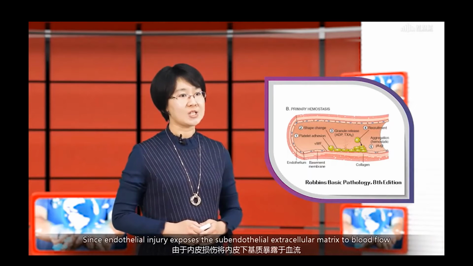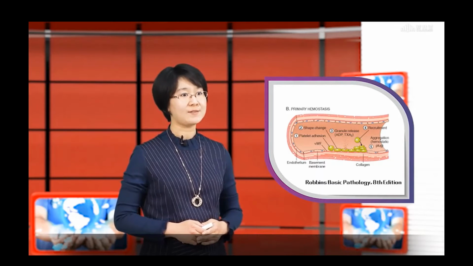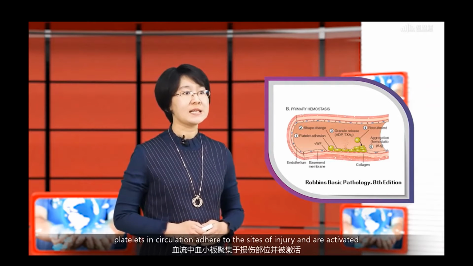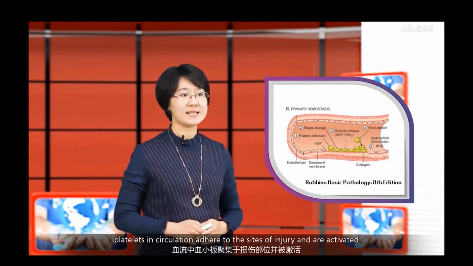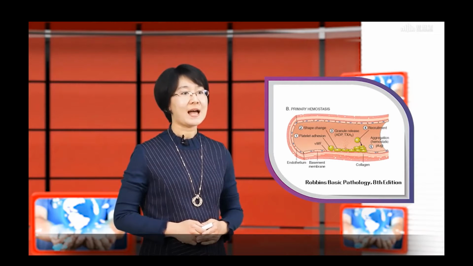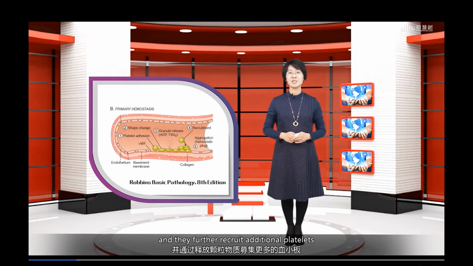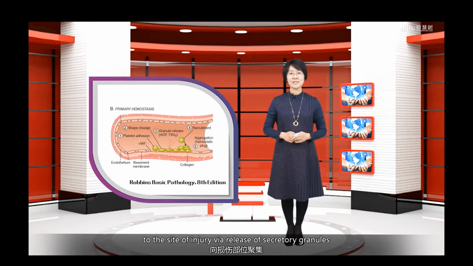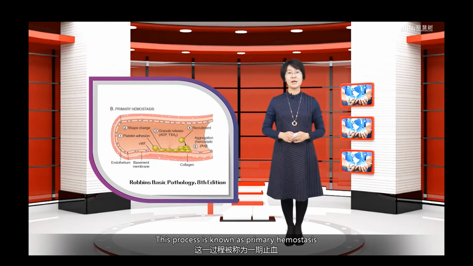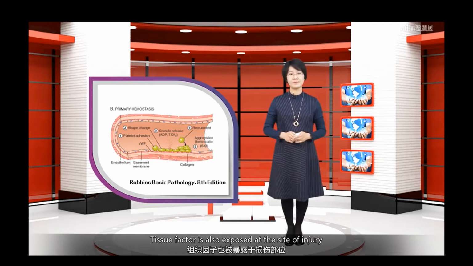Since endothelial injury exposes the subendothelial extracellular matrix to blood flow, platelets in circulation adhere to the sites of injury and are activated. Activated platelets undergo a dramatic shape change, and they further recruit additional platelets to the site of injury, where release of secretory granules occurs. This process is known as primary hemostasis.